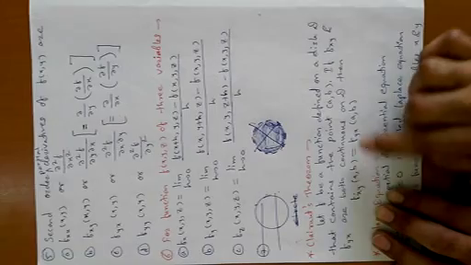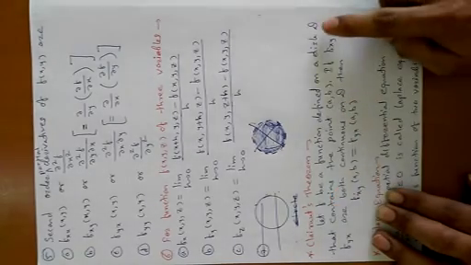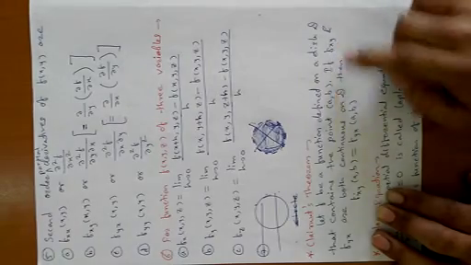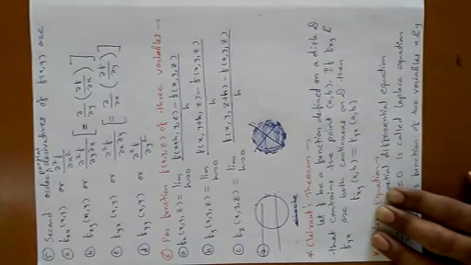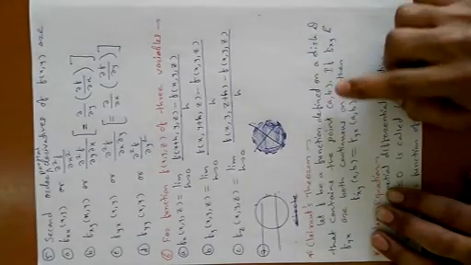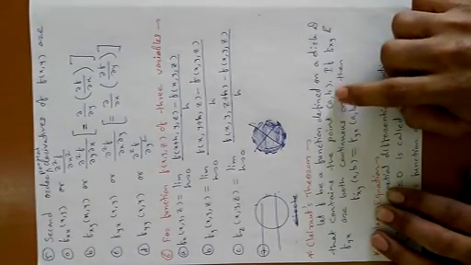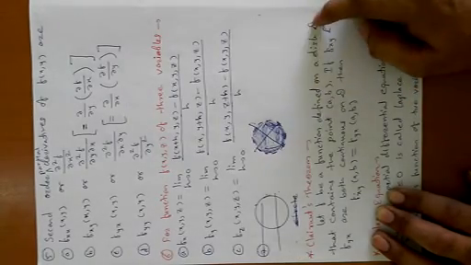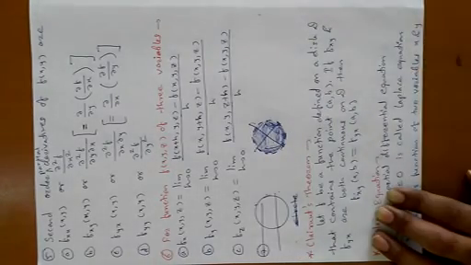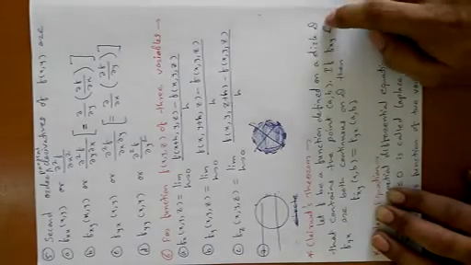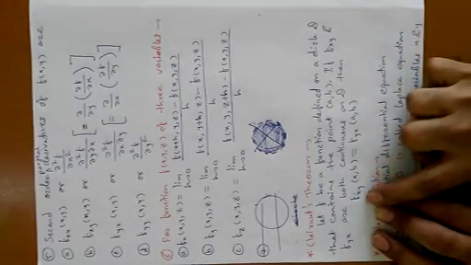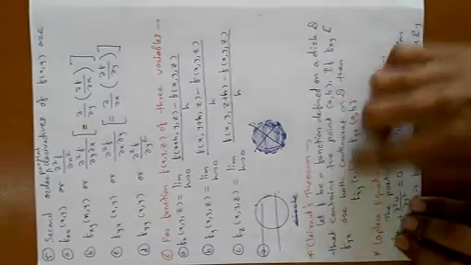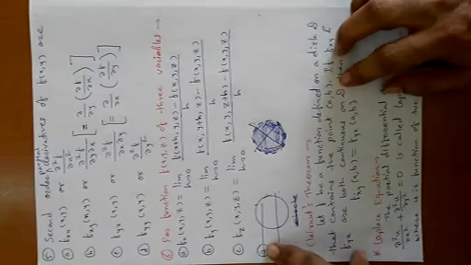The function must be defined on disk D, D contains the point (a, b), and f x y and f y x must both be continuous on the whole disk D, not only at the point (a, b). They must be continuous at every point of D. Then f x y at (a, b) is equal to f y x at (a, b). This is Clairaut's theorem.